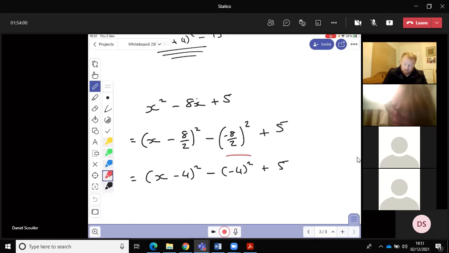This bit is sometimes where people get a wee bit lost. They don't recognise that if we square minus 4, it becomes a positive, and then that gets taken into account.